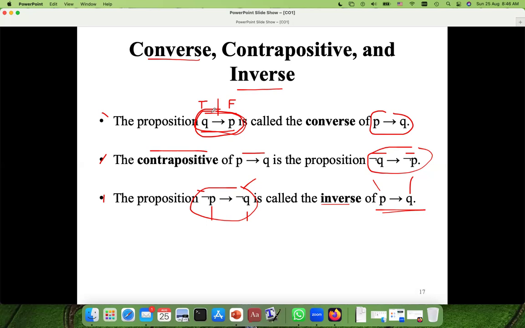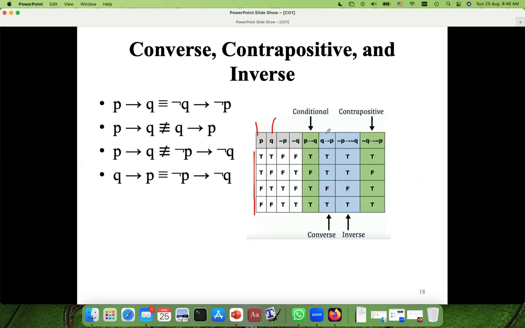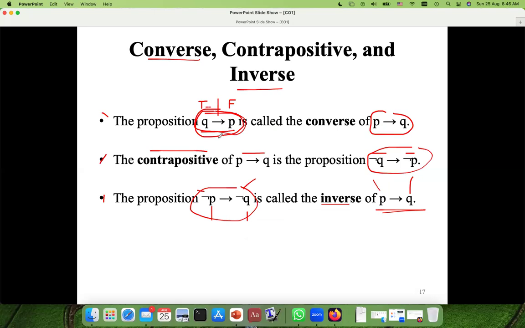So now we are going to look at Q implies P in the next table. This is T, this is T, so I have T. When, sorry, you have to see in the opposite direction. Yes, keep it in mind. So Q would be true and P would be F.